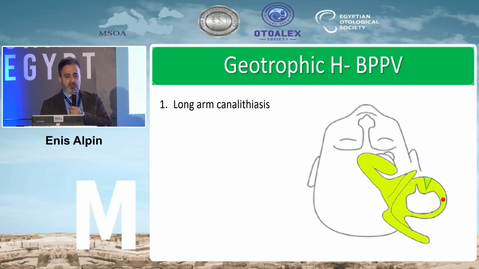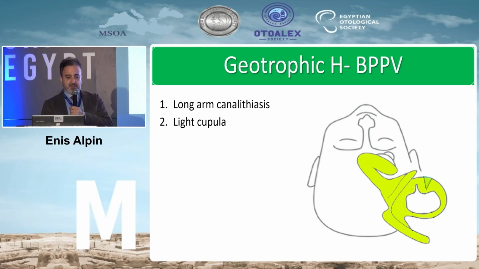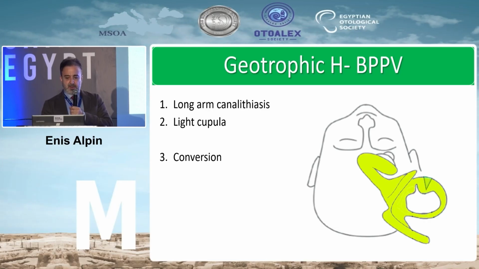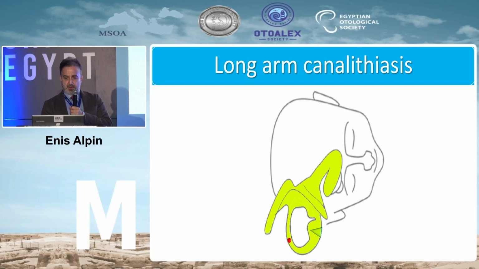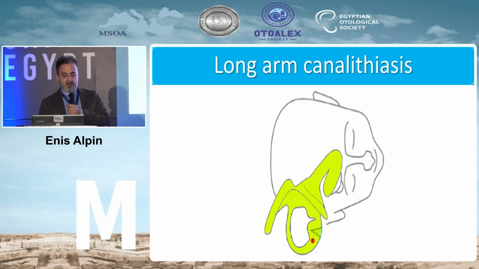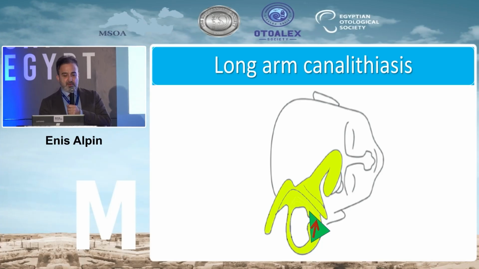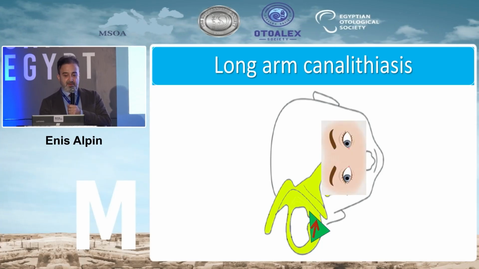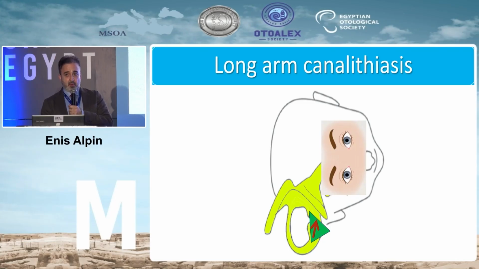In the most common form of geotropic horizontal canal BPPV, in which the particles are located in the long arm, when the patient lies on the sick side, the movement of the otoliths causes an excitatory stimulus, and the nystagmus is towards the sick side.